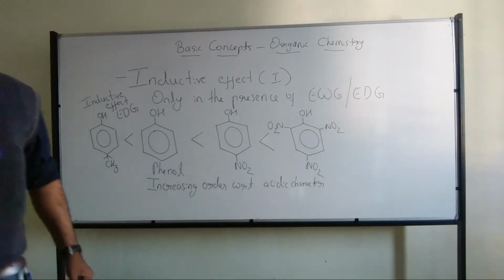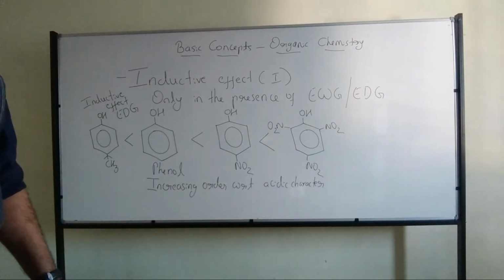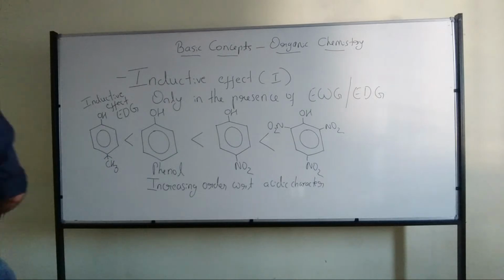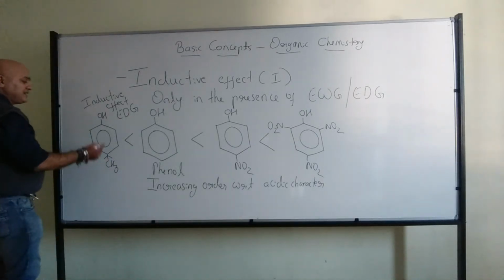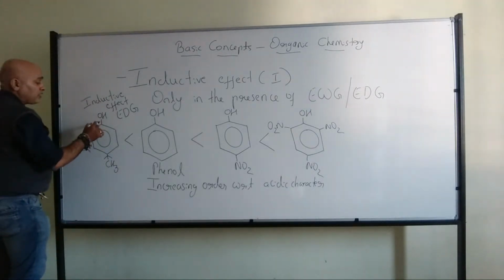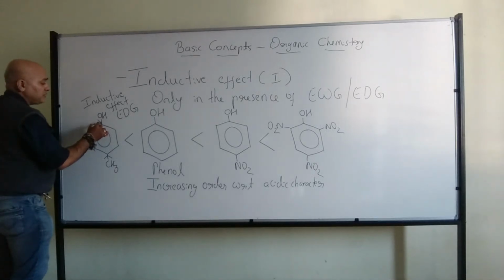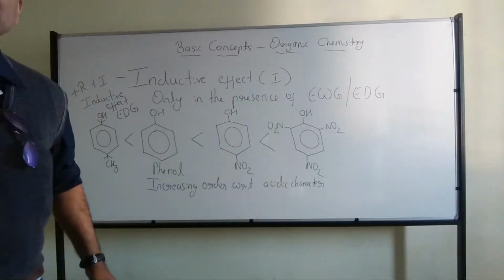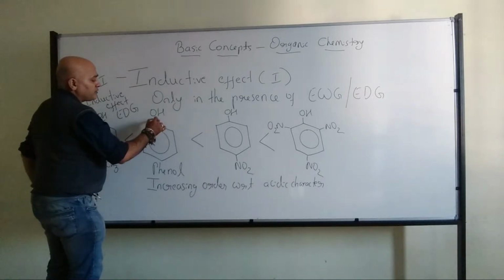So therefore it will be a weak acid. When I am talking about methyl group, yes, positive. When I am talking about hydroxyl group, even that will show the positive effect.